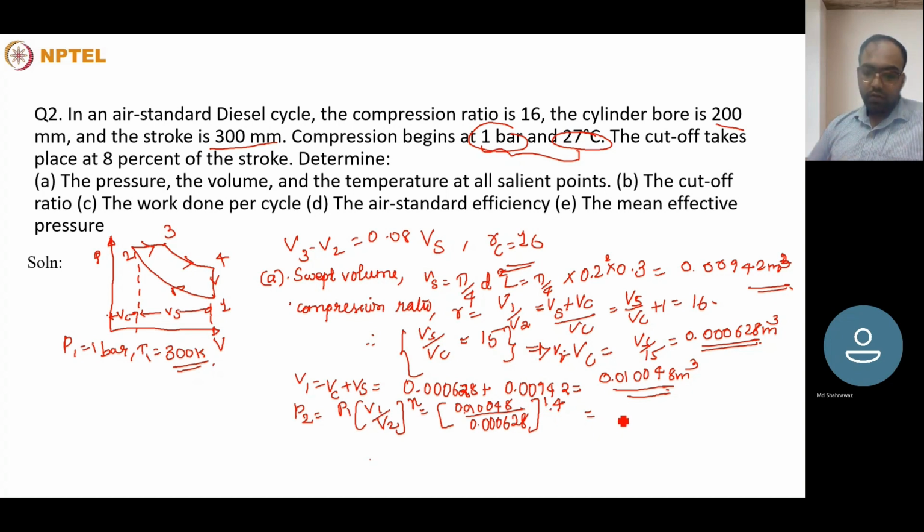It will be coming around 48.5 bar. 2 to 3 is a constant pressure process. So P3 equal to P2 is equal to 48.5 bar.